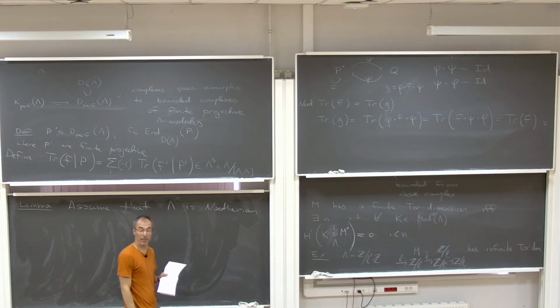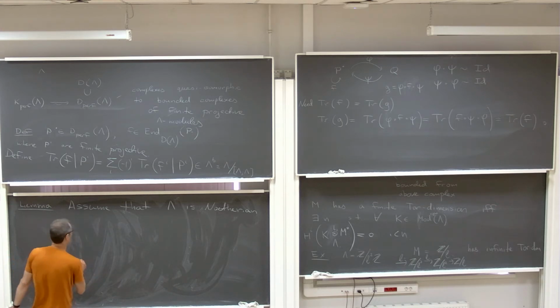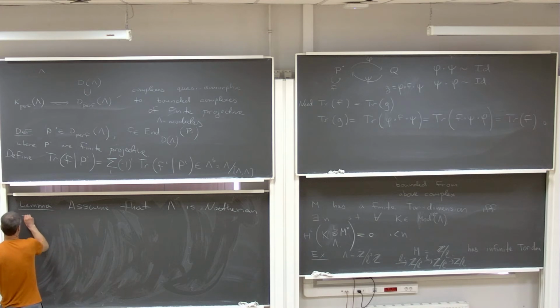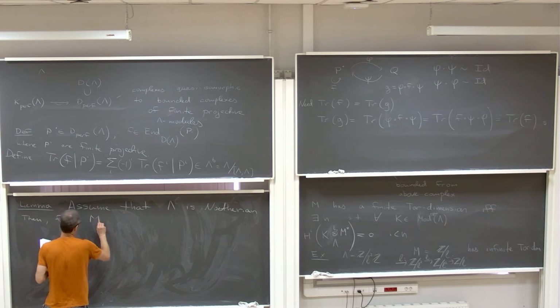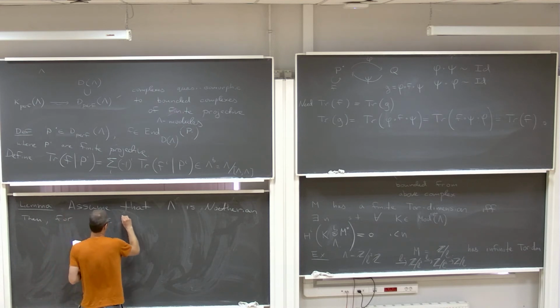That means that every submodule of a finitely generated left module is also finitely generated. Here's our definition. Then the following two conditions are equivalent. Suppose you have a complex which is bounded from above.